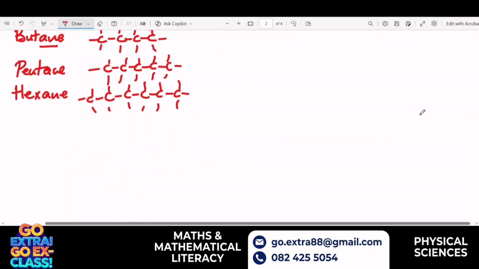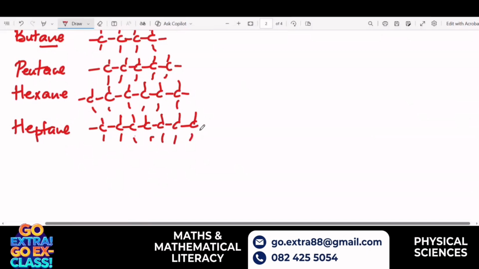And then we can continue as many as we want. We also have heptane, number 7, so it has 7 carbons, and still 4 covalent bonds around each. I'm trying to write this as quickly as possible so that we don't waste time.